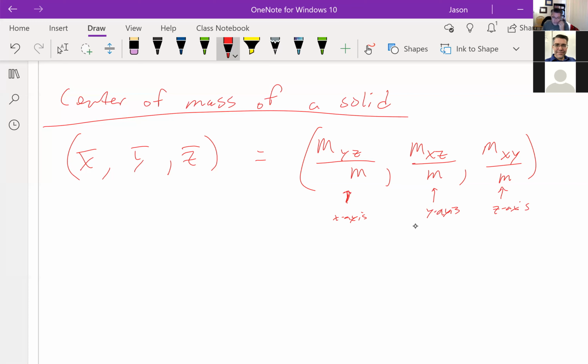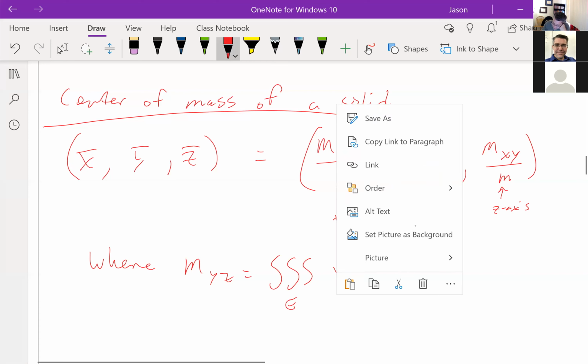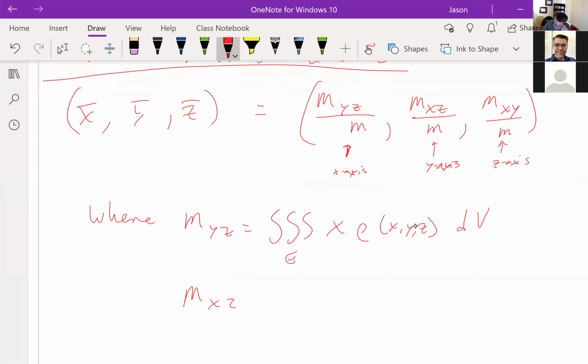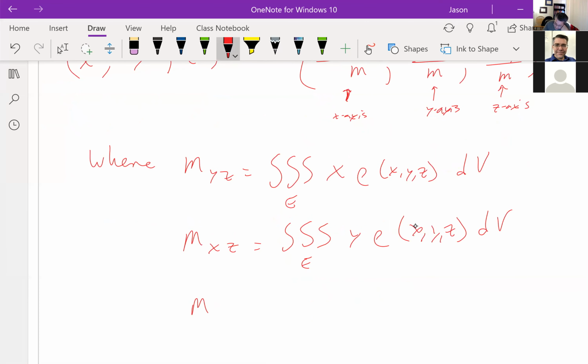The moment M_YZ is equal to the triple integral over E of x rho of xyz dV, M_XZ equals the triple integral over E of y rho of xyz dV, and M_XY equals the triple integral over E of z rho of xyz dV.